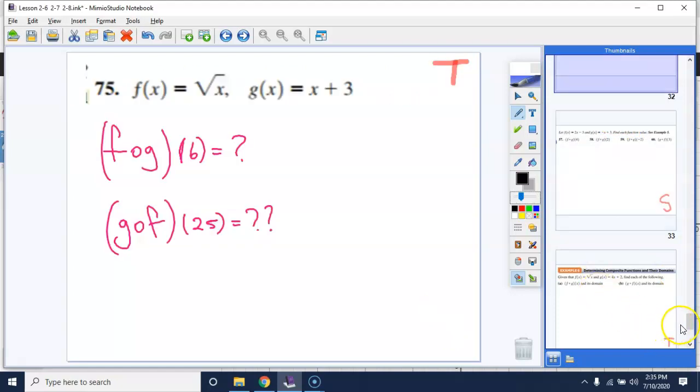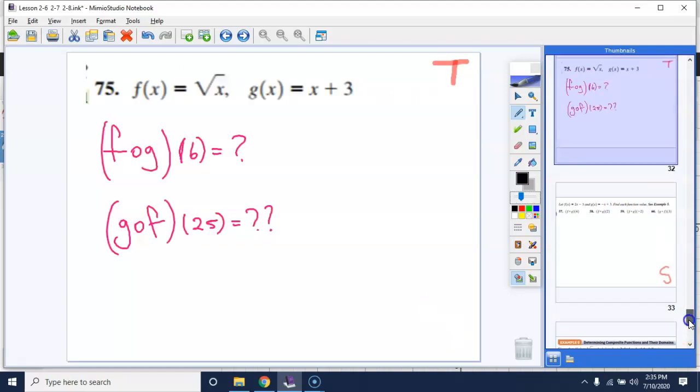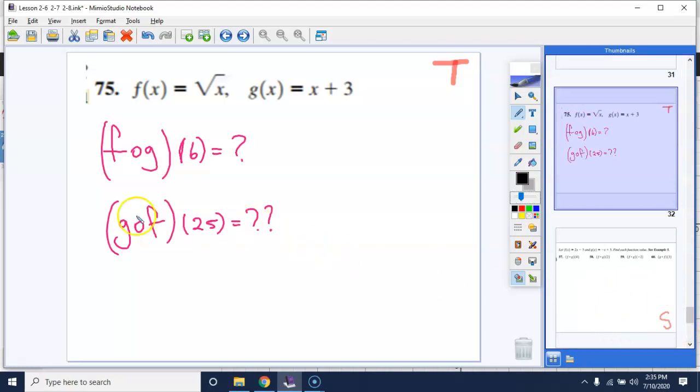I want to show you one more example and then you will do your turns. But let me do one of these. I want you to do this one, but let me do this one. g of f of 25, which means g of f of 25. So let's find this first. f of 25 is what?